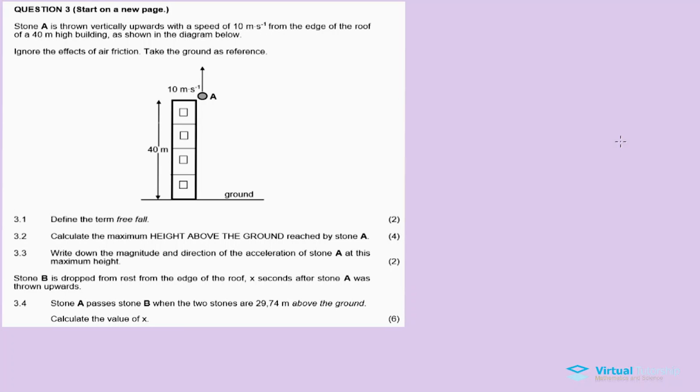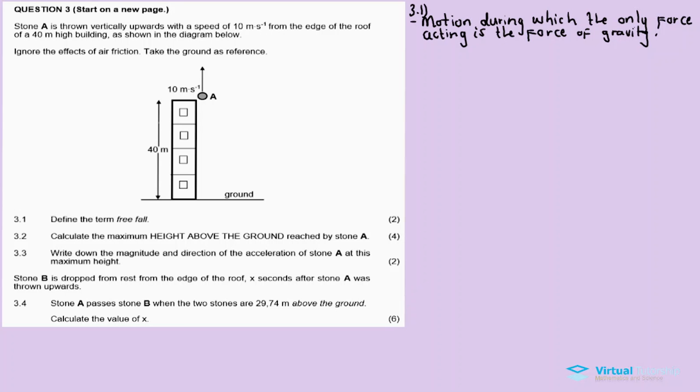If you push the object upward and ignore the effects of air friction, the only force acting on that stone is the force of gravity. Motion during which the only force acting is the force of gravity: free fall.